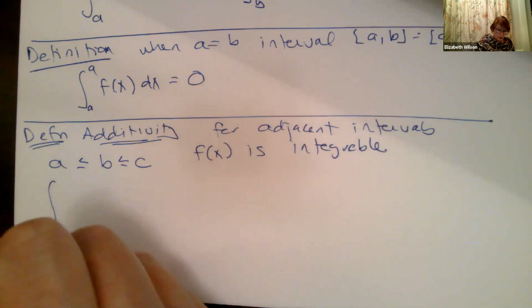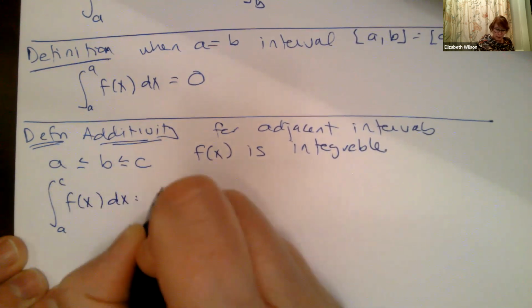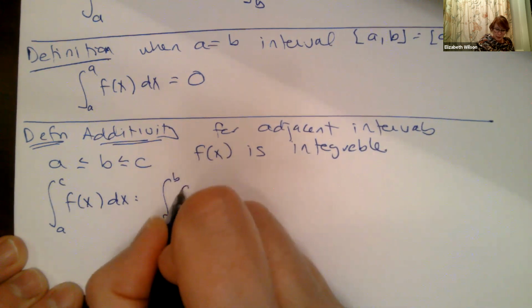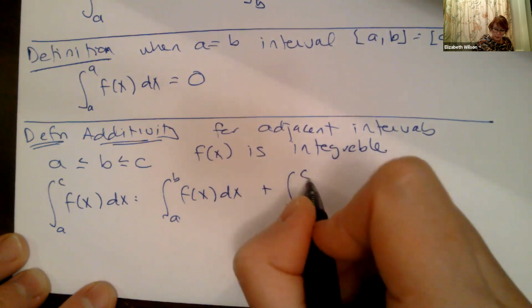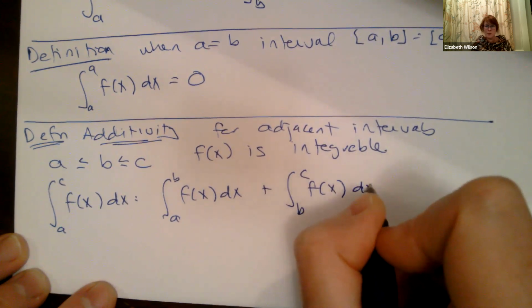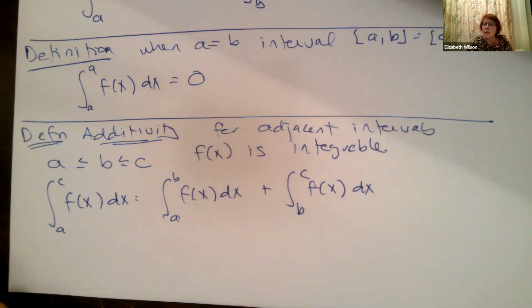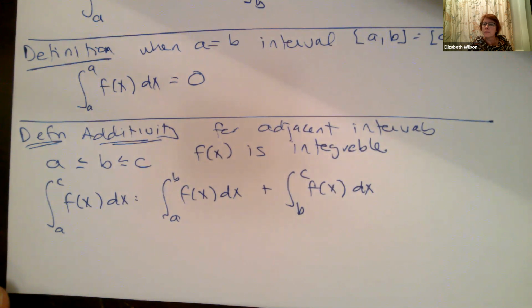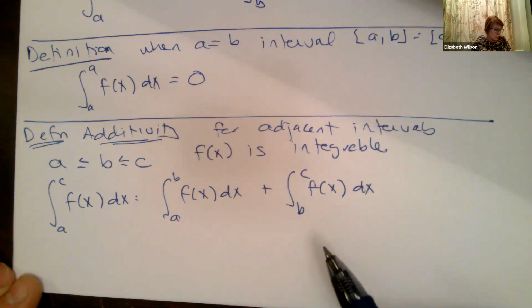So I can go the integral from A to C of my function, I'm going to go part of the way, A to B, plus the integral from B to C of the same function dx. We did this before when we were figuring out the absolute value of that function. We broke it up. We still integrated across the whole interval, but we broke it up part of the way. But I'm adding up. This is important. We actually end up using this part a lot.